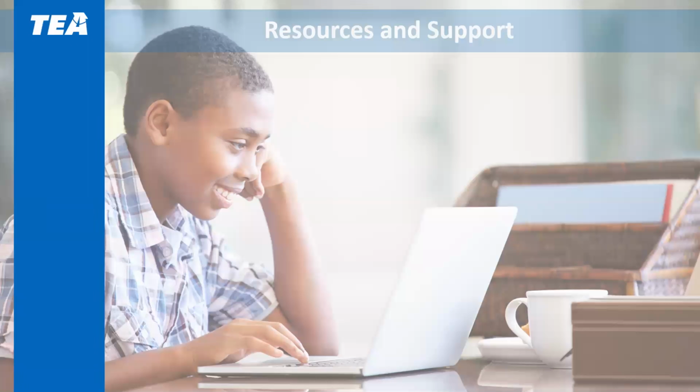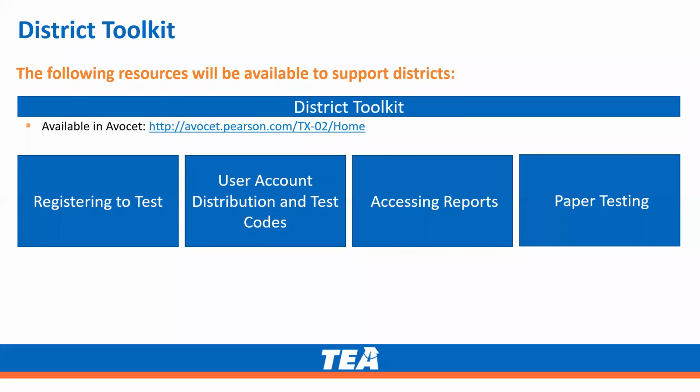Okay, and we mentioned resources and support information, where things are posted. We do have 2 toolkits that will be available. The first is the district toolkit, and that is going to contain information for districts that will include registering to test, user distribution and test codes, accessing reports, and paper testing. And you'll see here that this will be available in Avocet.